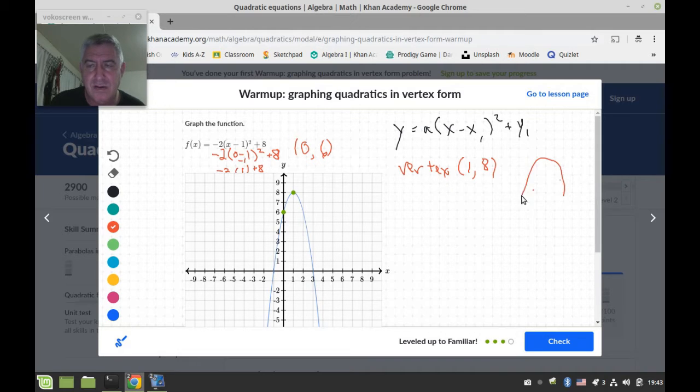And here we have, well, that's ugly. Here we have our parabola and our axis of symmetry is at x equals 1.